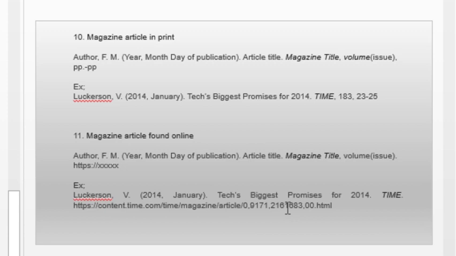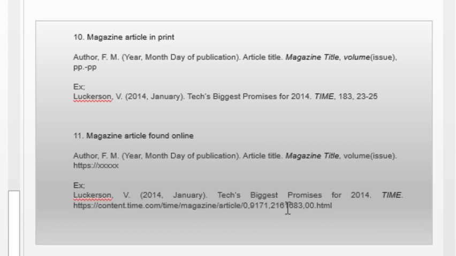So if it's produced in January, you just write down January, but before the word January itself, it has to be a comma and then the year of the publishing, and then the title, and then the name of the magazine, and then the number of the edition and the number of the page or pages involved.